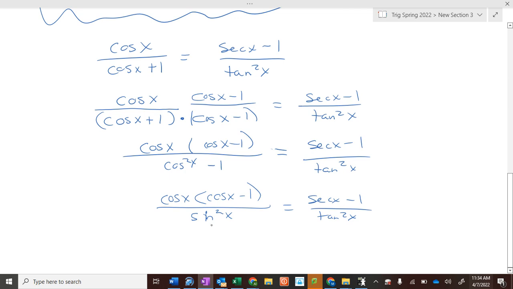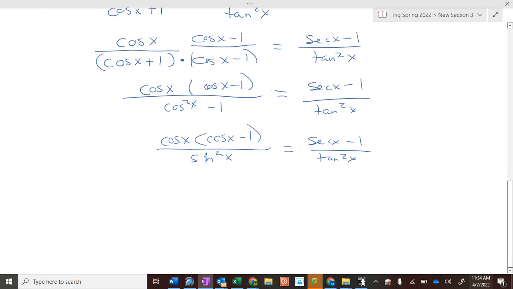Okay. Now, how is sine squared related to tangent squared? Well, tangent squared is sine squared over cosine squared.